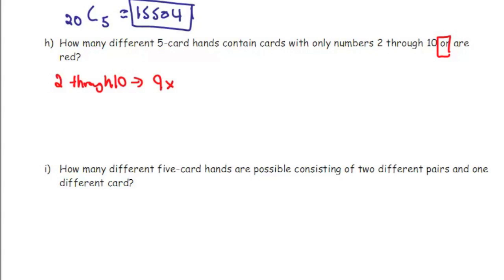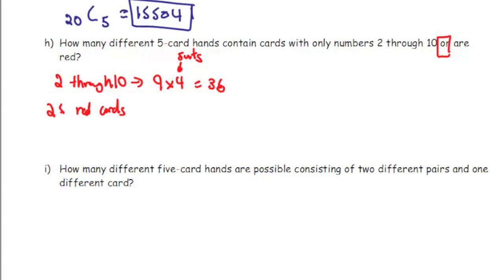We know that we're selecting 5, but let's figure this out. If we have 2 through 10, well, 2 through 10 means there are a total of 9 cards times your 4 suits, which is equal to 36 cards to choose from.